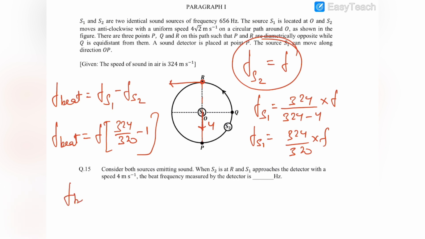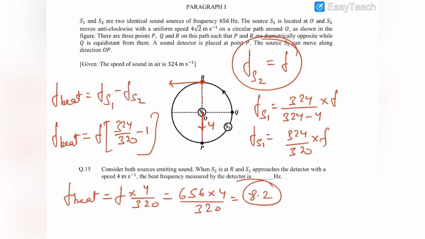So F beat is equal to F into 4 upon 320. F is 656, yes, and this is 4 divided by 320. So it would be approximately 8.2. So the correct answer of this one is 8.2.